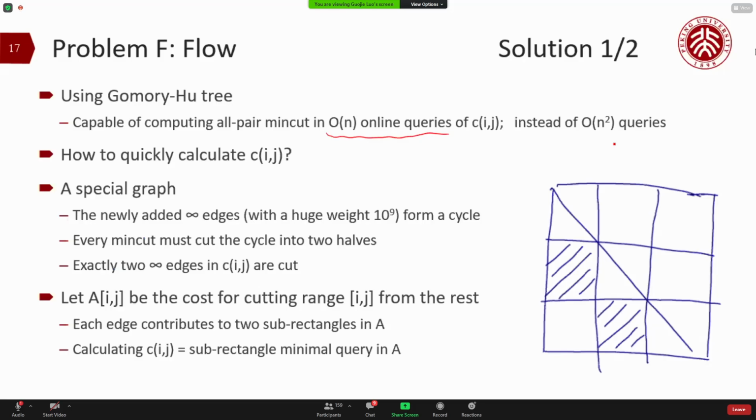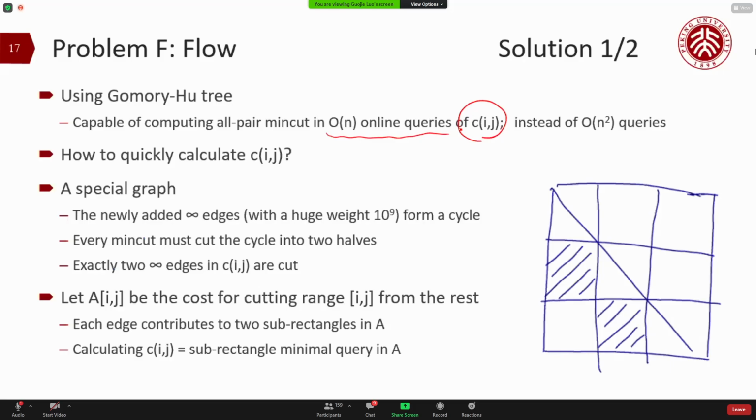A straightforward implementation is to just compute all the pairs. Because there are n squared pairs, we need to query the cut n squared times. When we use this data structure, we can reduce the number of queries from n squared to O(n). The remaining issue is how to quickly calculate Cij.